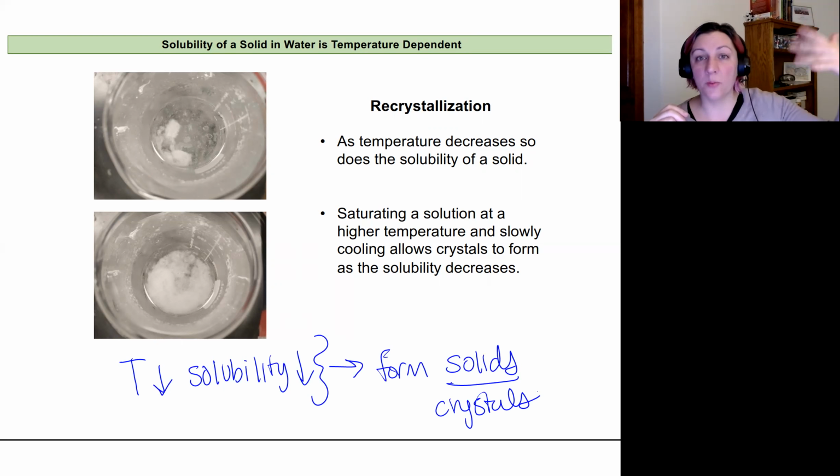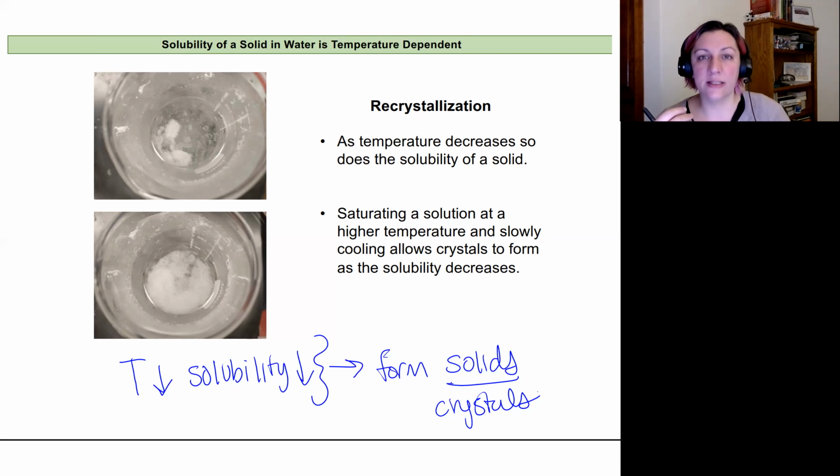Our impurities will probably stay dissolved in our water. They'll have a different solubility in water than the compound that we're trying to isolate as a solid. And so this is a really nice, simple way to purify something that can be a solid. And then you just have to filter off all that other stuff. And of course, you've decreased the solubility with temperature, but you haven't completely made something insoluble.